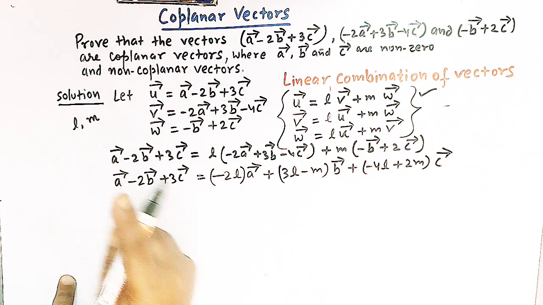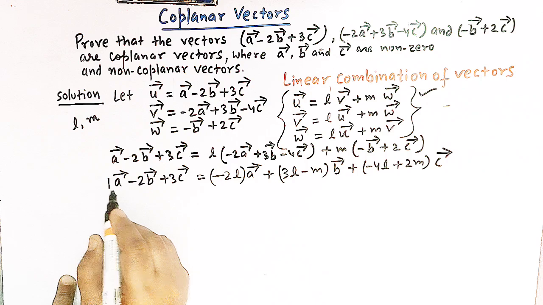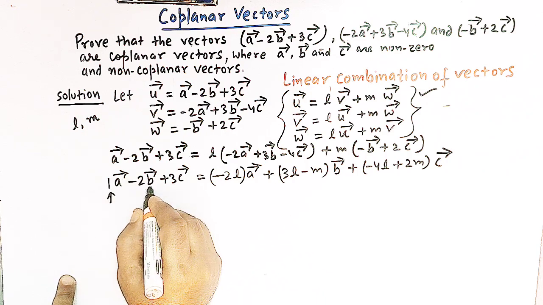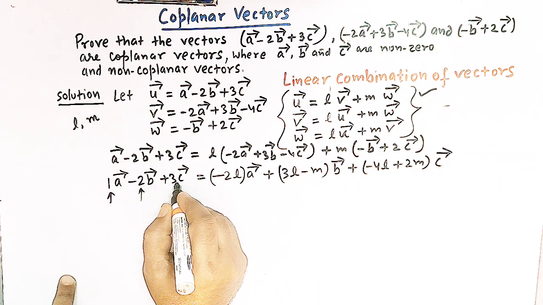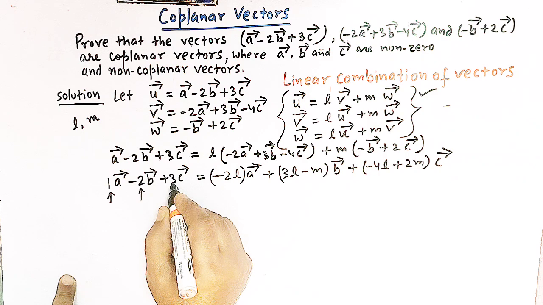Now if we look at this expression, the coefficient of vector a is 1, the coefficient of vector b is minus 2, and the coefficient of vector c is 3.